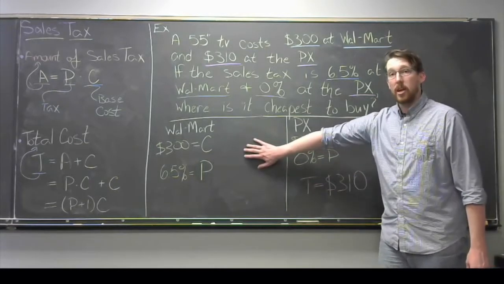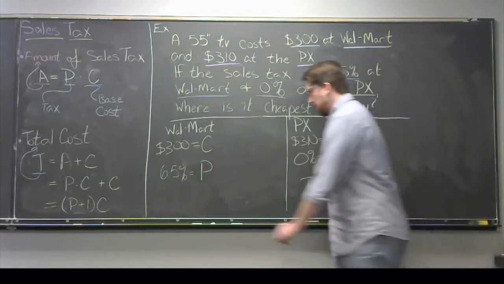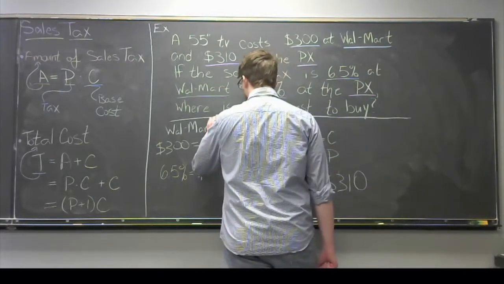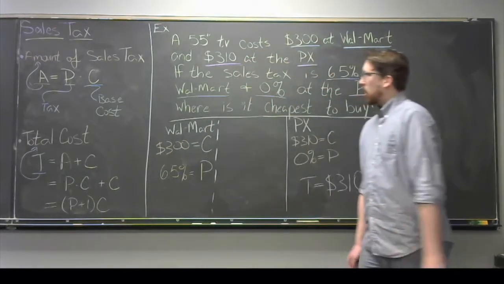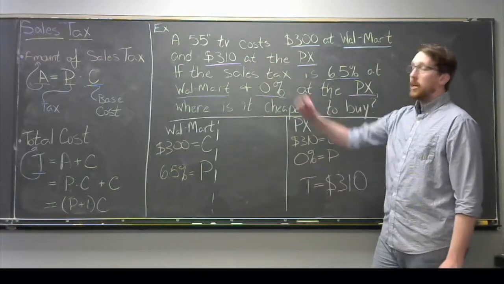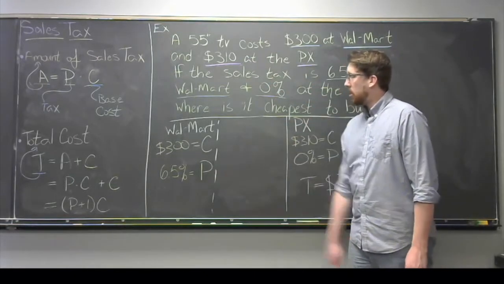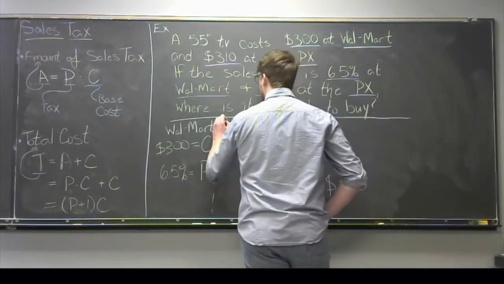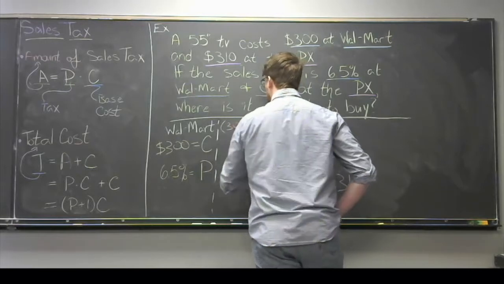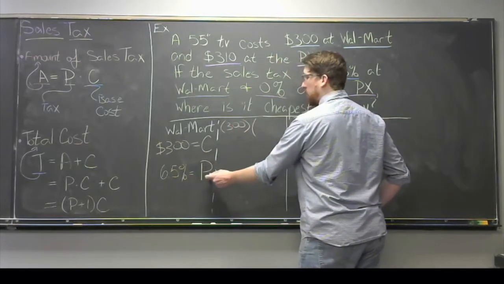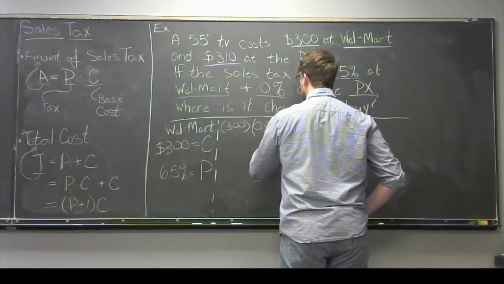That leaves Walmart to work with. So let's break up our space a little bit. We want to know what the amount of sales tax is for the TV at Walmart. So that's going to be 300 times our percentage written as a decimal, 0.065.